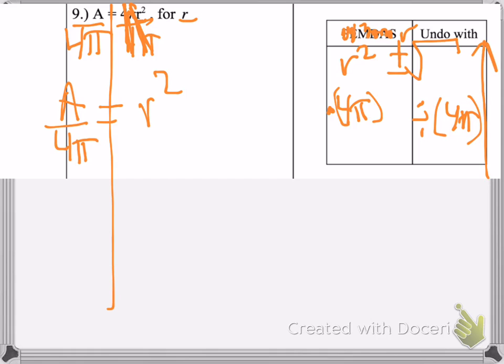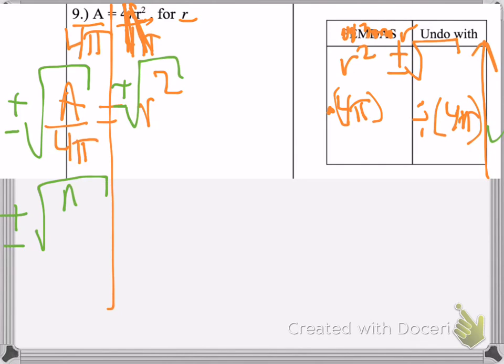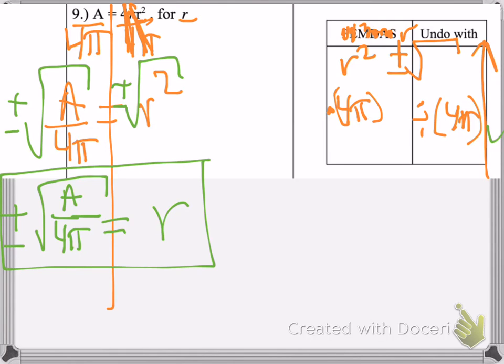Then we're going to take the positive and negative square root of both sides. So what we're left with is plus and minus square root of a divided by 4 pi equals r. For now, that's as much as I want to talk about that, because that square root's a little tricky.